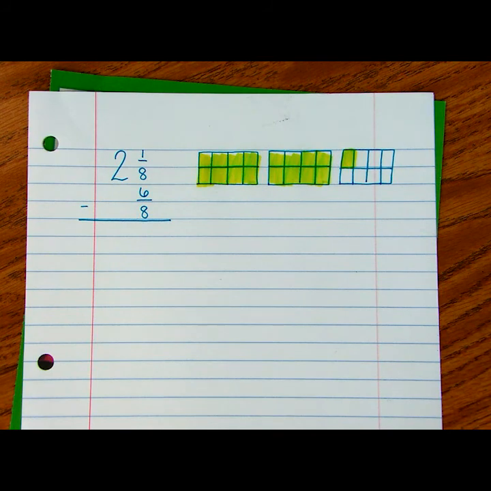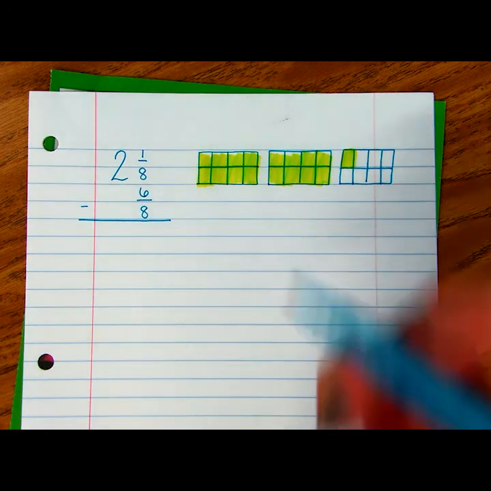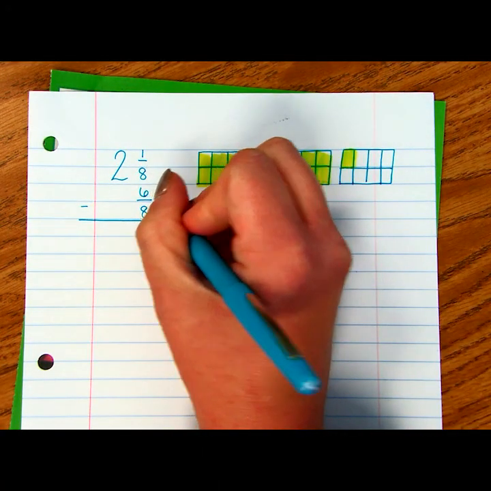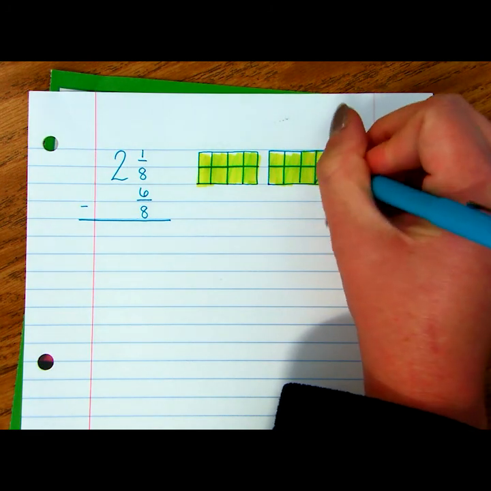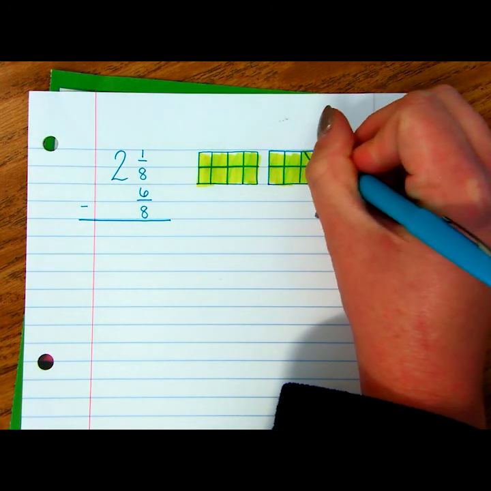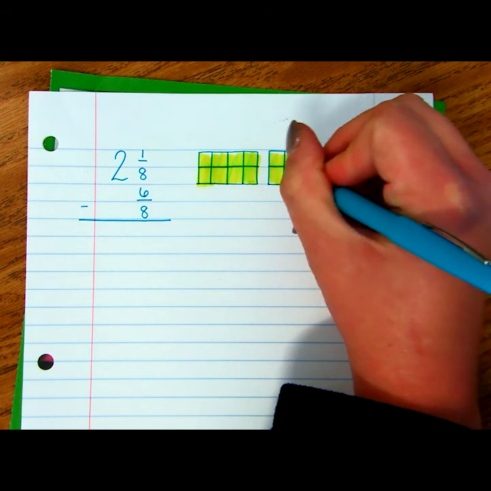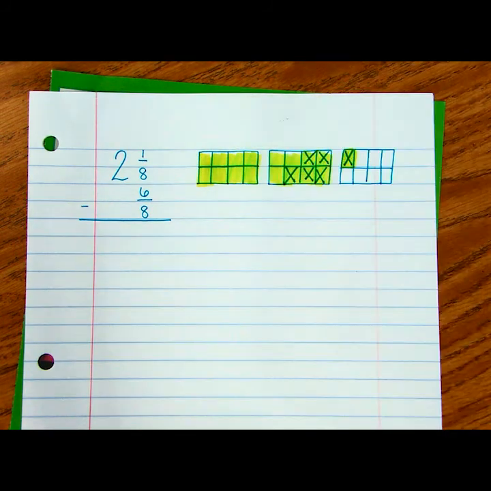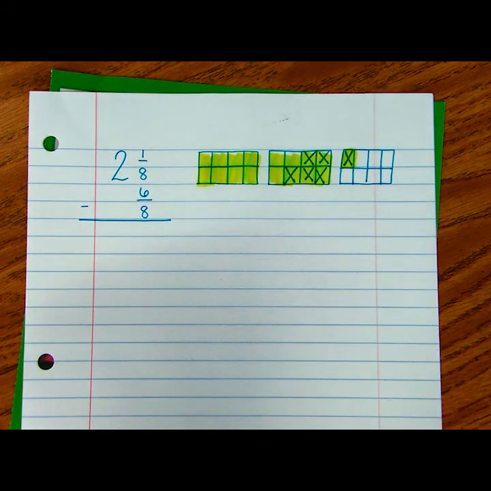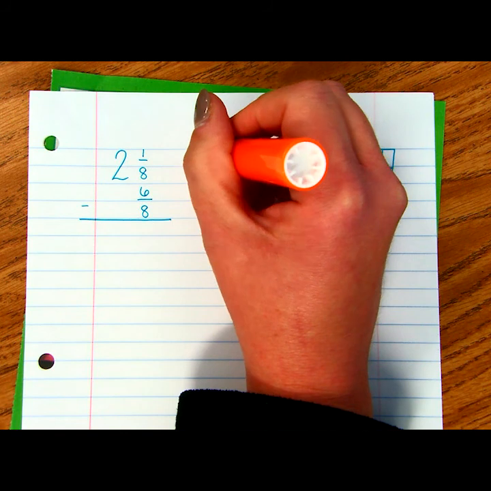Now I need to take 6/8 away. So now I have a pencil or a pen, and I'm going to cross off 6/8. So 1, 2, 3, 4, 5, and 6. So I've taken those 6/8 away, and now I can look at my figure. I have another marker, and I'm going to see what I have remaining or left.